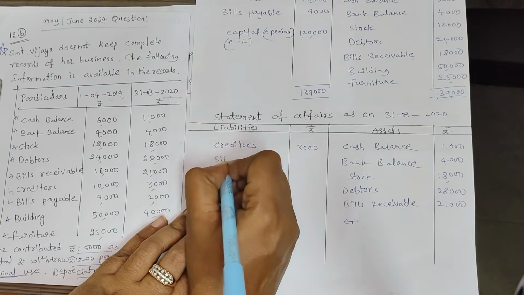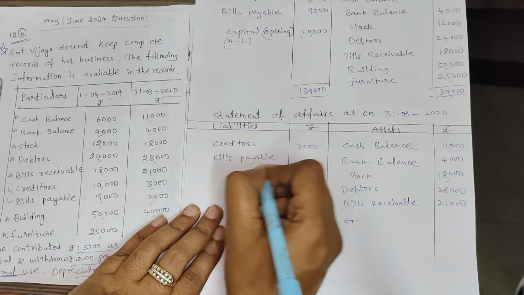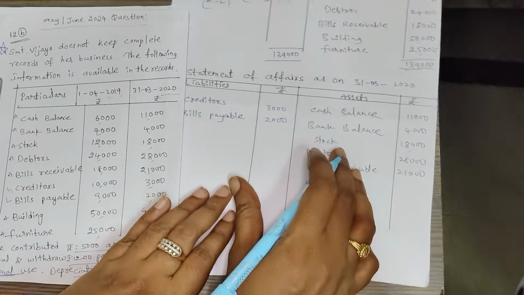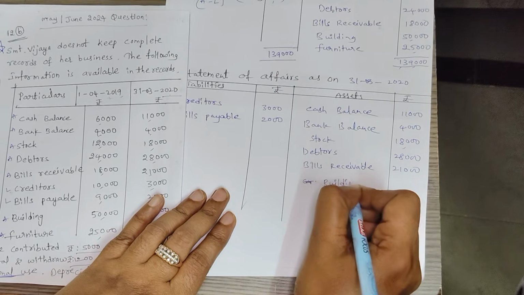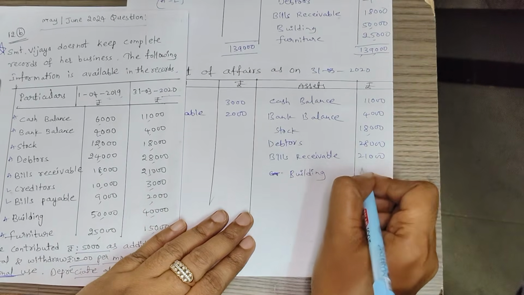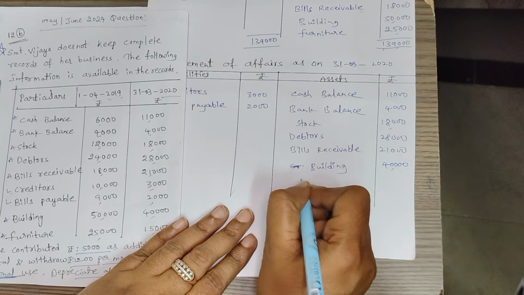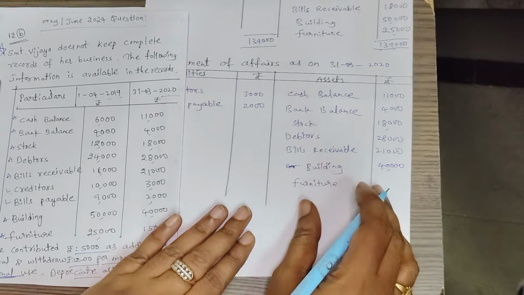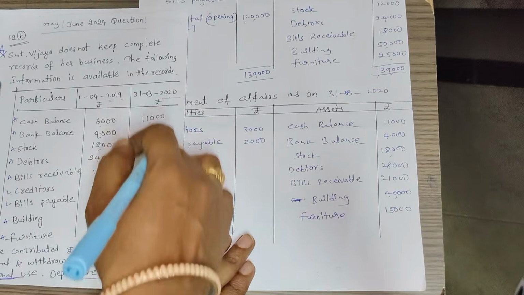Bills payable also liability 2,000. Next building is a asset 40,000. Next furniture, it is also asset 15,000. So these details are from current year.